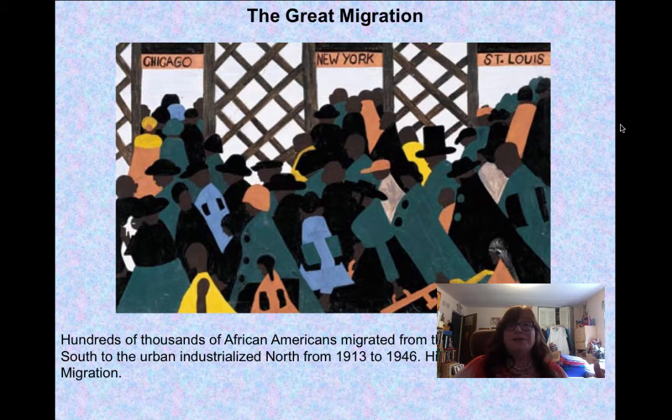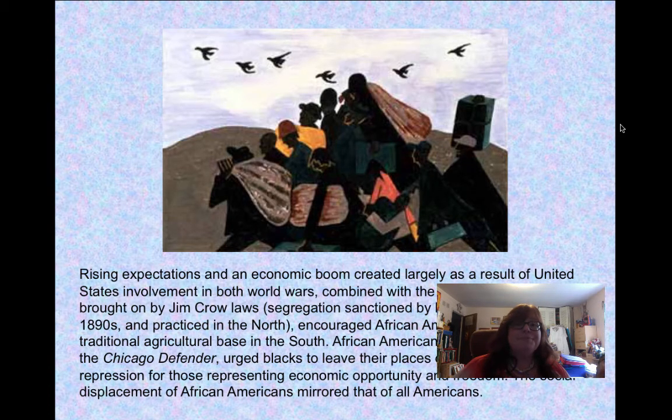And this is basically where hundreds of thousands of African Americans migrate from their rural, mostly agricultural homes in the South to the urban industrialized North, where there's more job opportunity, there's better housing, not as much racial discrimination, and this lasted from 1913 to 1946. And as I said, the historians call this the Great Migration. And yeah, that looks like another from that same series.